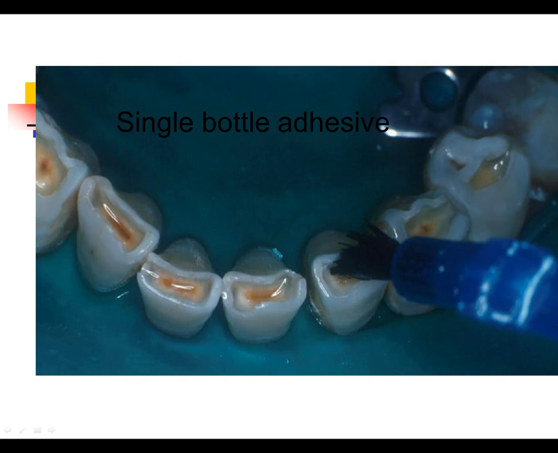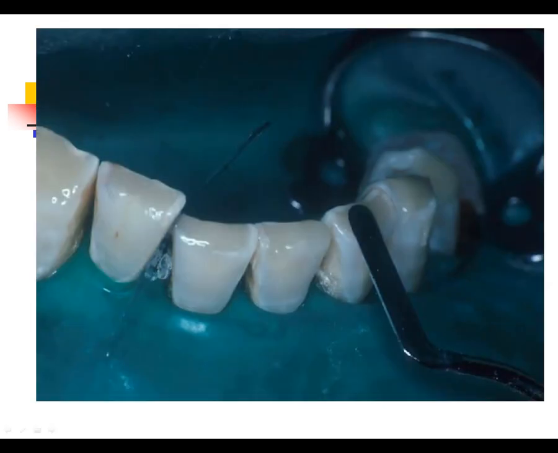I prefer an etch and rinse adhesive, although since this is prepared enamel, you can use a self-etch adhesive. I place my composite, and I'm not building the teeth to be longer, but just shaping the composite to the cavo surface margins.